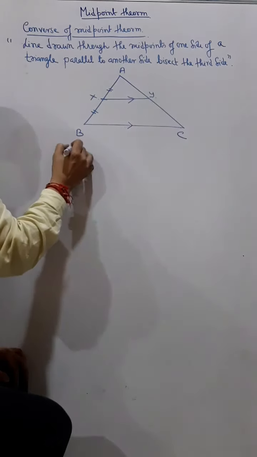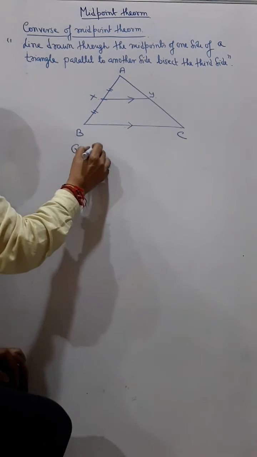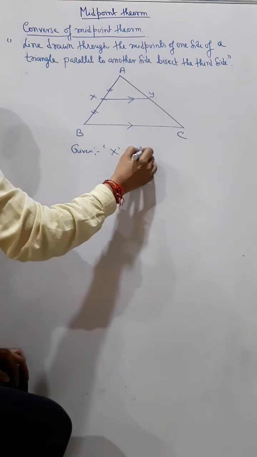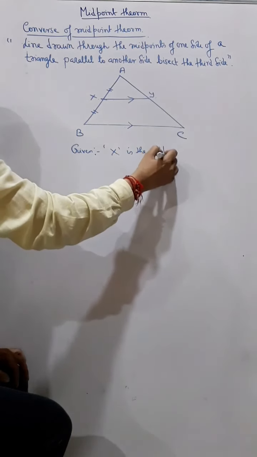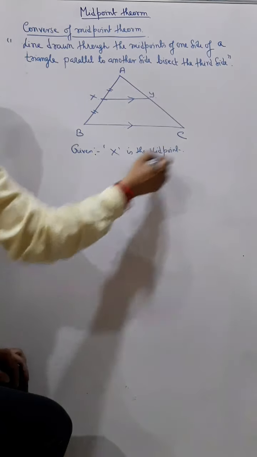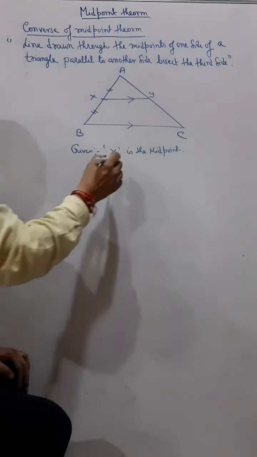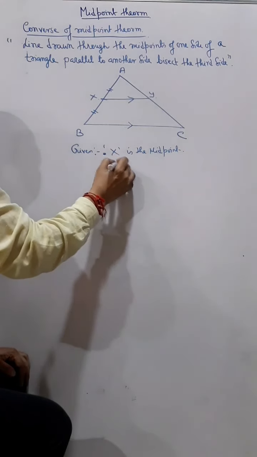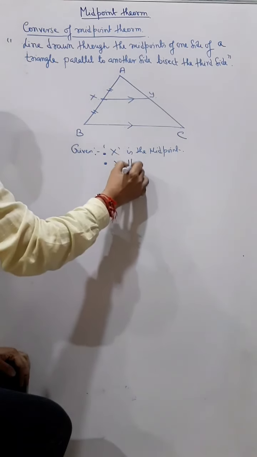So that means you can say here what is given: only X is the midpoint, and it is also given XY is parallel to BC.